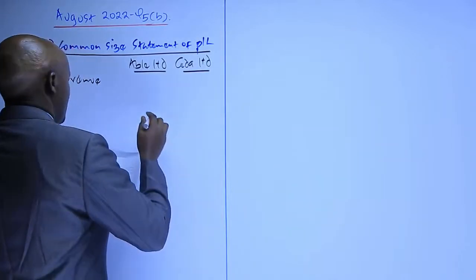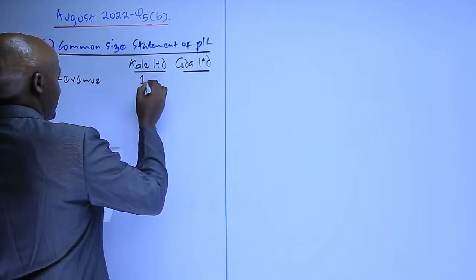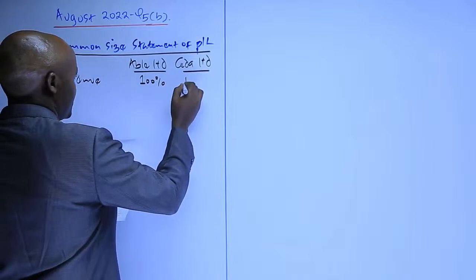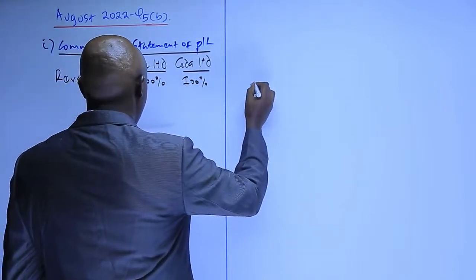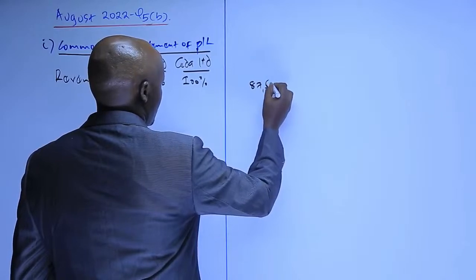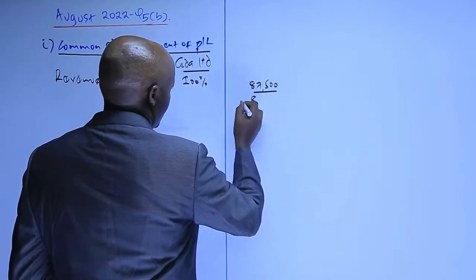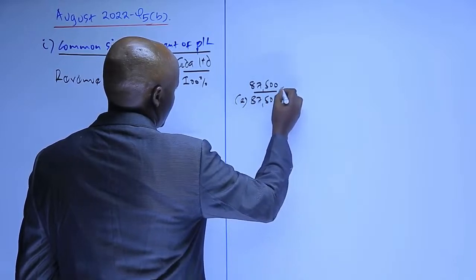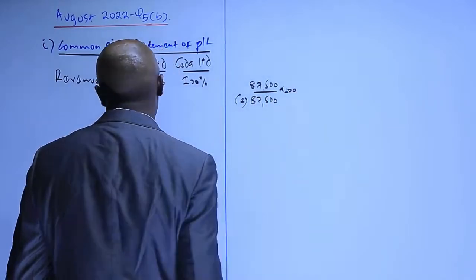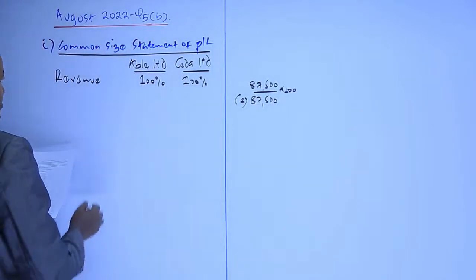So revenue as a percentage of itself is always 100%. This one is 100% because we take the revenue, for example, for Able, 87,500, then the denominator here will be the revenue. So 87,500 times 100. So that is always 100%.